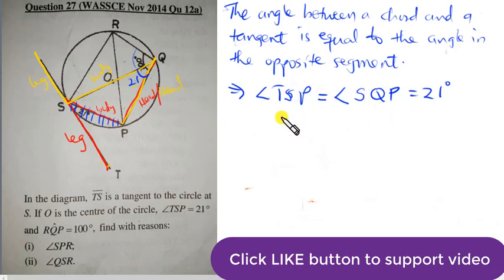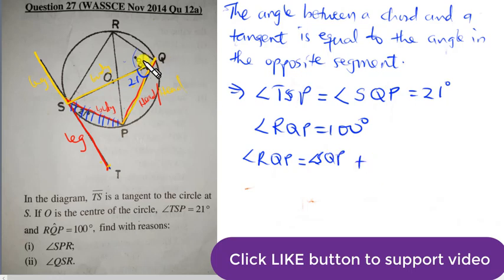All right, also we are told that angle RQP is equal to 100 degrees. So let us see if we can find the angle here. We know that angle RQP equals angle SQP plus the angle here, which is angle SQR.